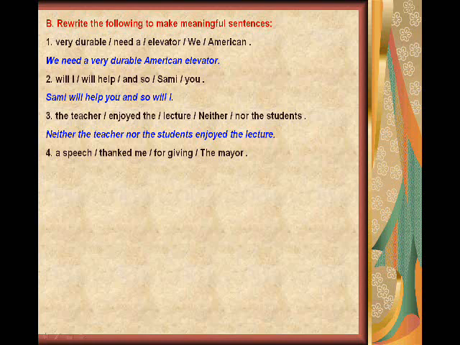Number 4. A speech thanked me for giving the mayor. Of course, the mayor is like a governor in America, okay? A person responsible for a small town or something like that. So, which word do you think we are going to start our sentence with? Yeah, the one which is capitalized, the mayor.